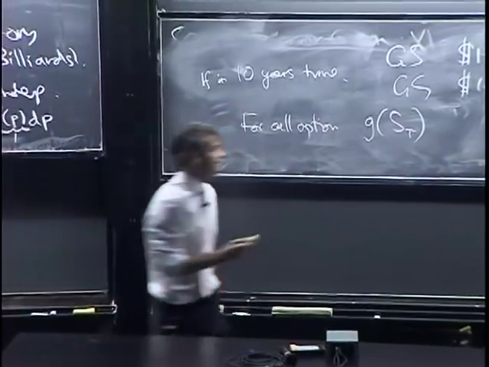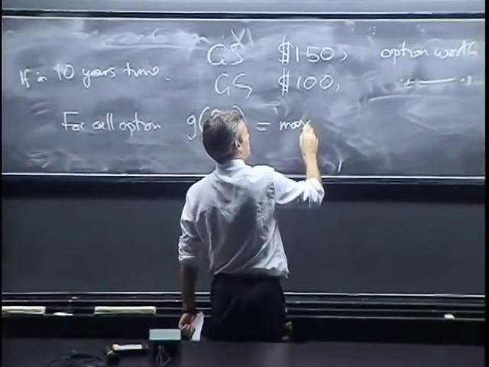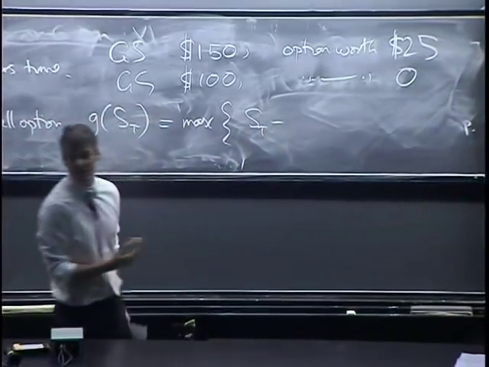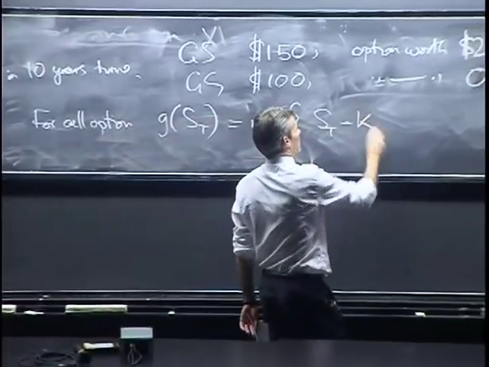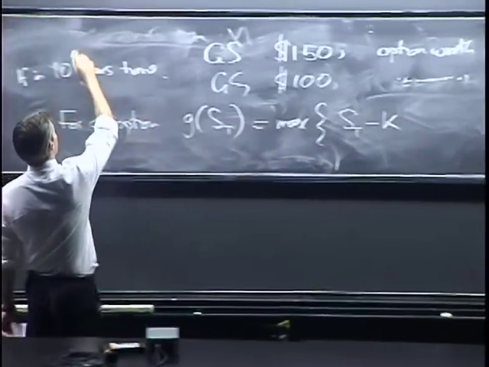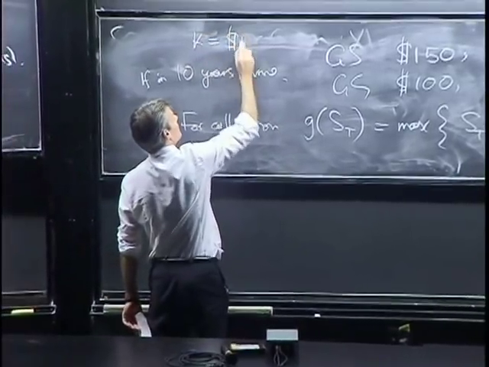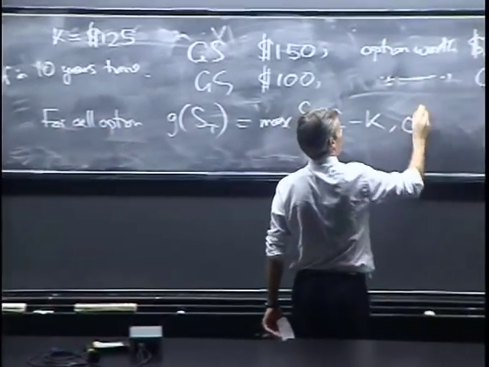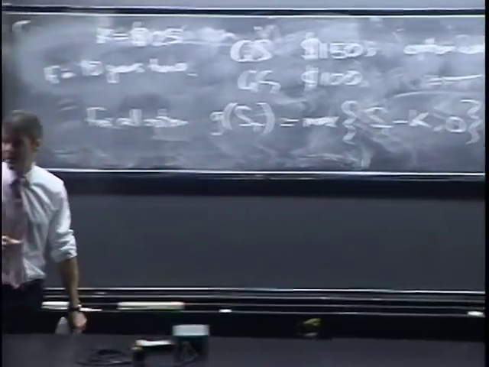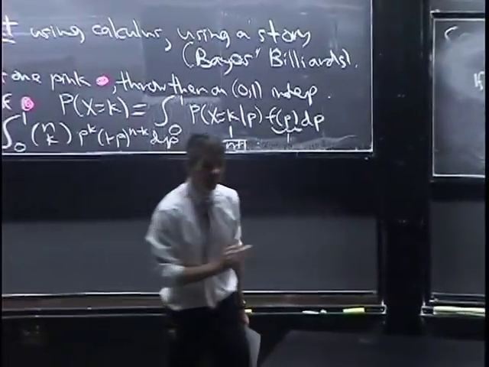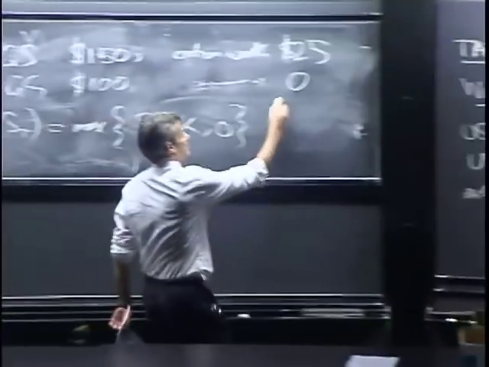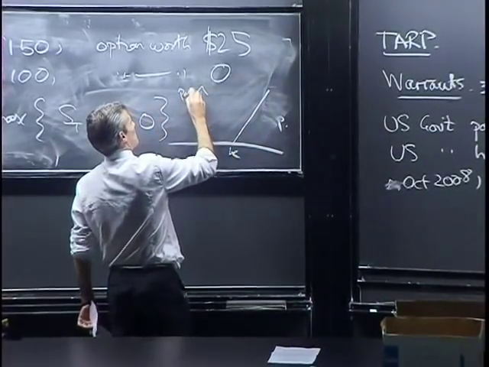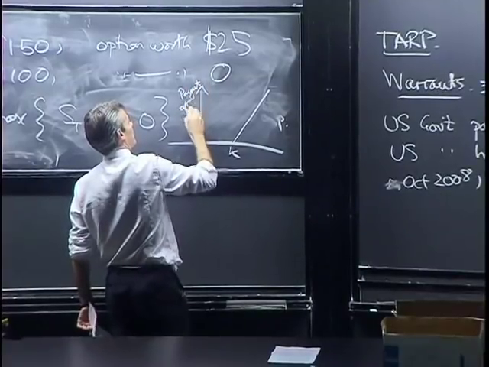This G function is the max of the share price at maturity T minus K, and 0. Here, T is 10 years, and K is, in this case, 125. K is called the strike price. So here is a particular form of G. The payout looks like this. So this is G of S.